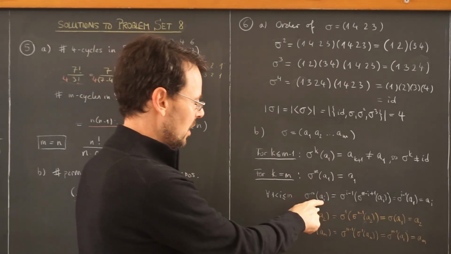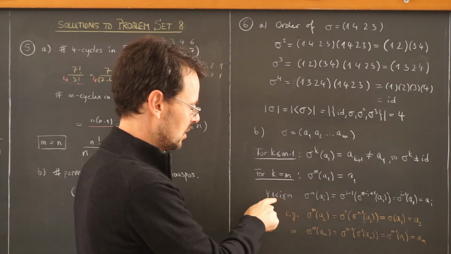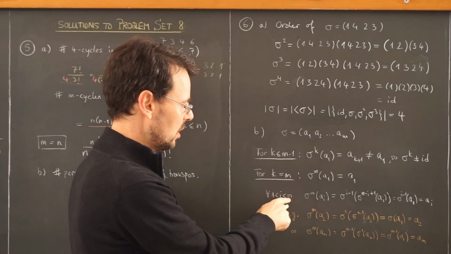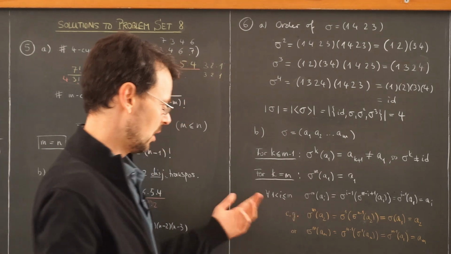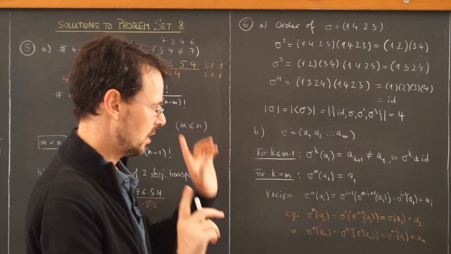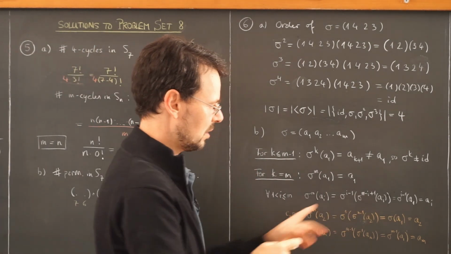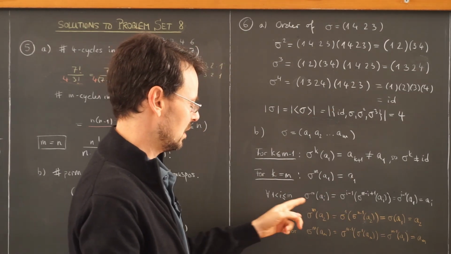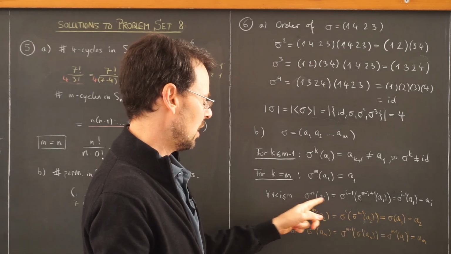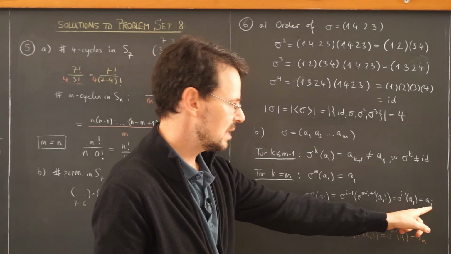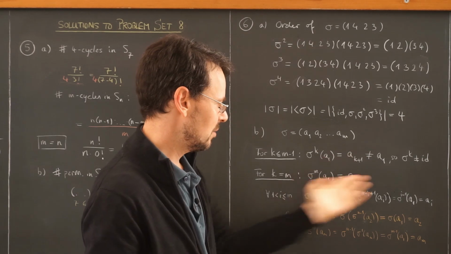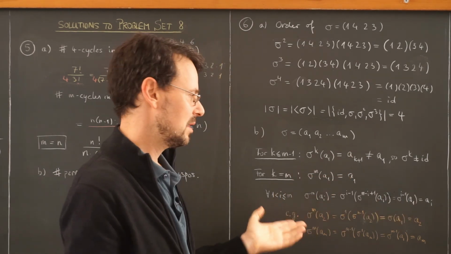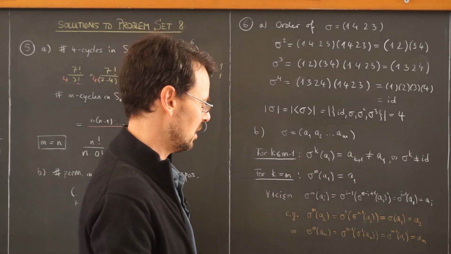Now for the other ai, let i be an index between 1 excluded up to m, m included. So then, this is the important trick. This looks difficult, but really is not if you think about it. We have to show that sigma to the m of ai is ai again, because then sigma to the m leaves all the ai's fixed and hence is the identity.